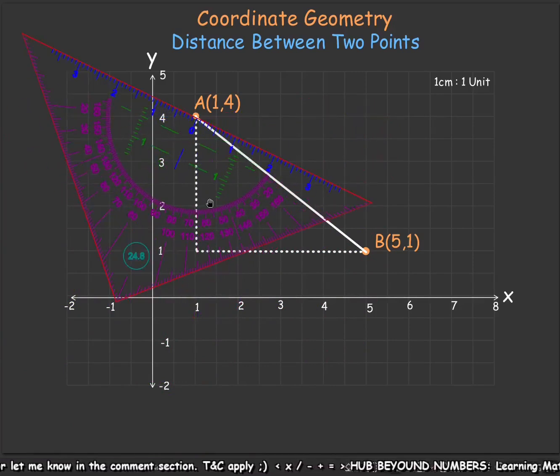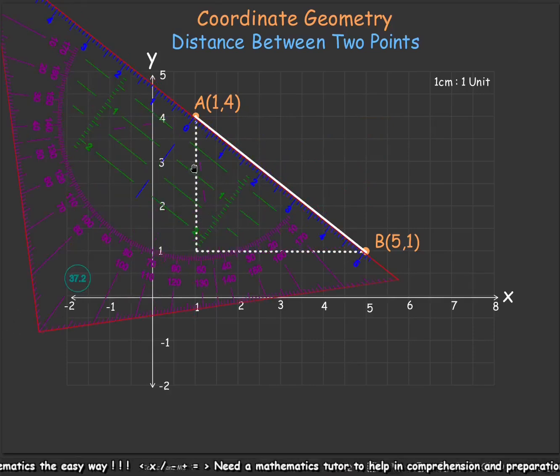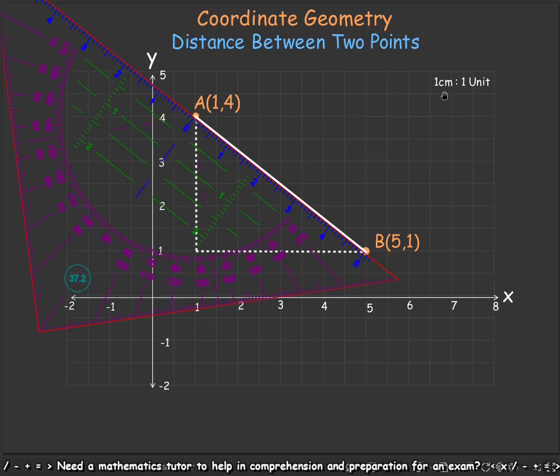So I'm going to measure the distance of B away from A. And as you can see, per my measurement and my scale, 1 centimeter being 1 unit, the distance of B away from A is actually 5 centimeters just by using my ruler.